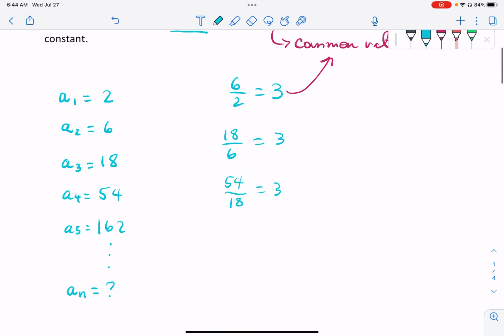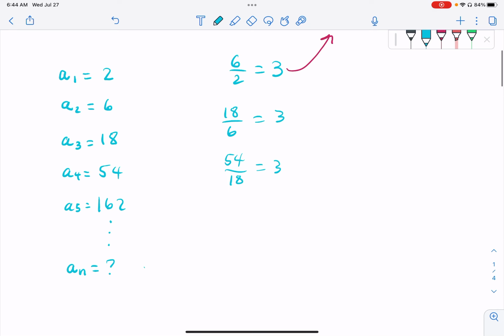So in general, this is the way that we write this. If I divide the nth term, a sub n, by the one that came right before it, what term came right before it? Well, if this is the third term, you'd have to subtract 1 from 3 to get the second term.